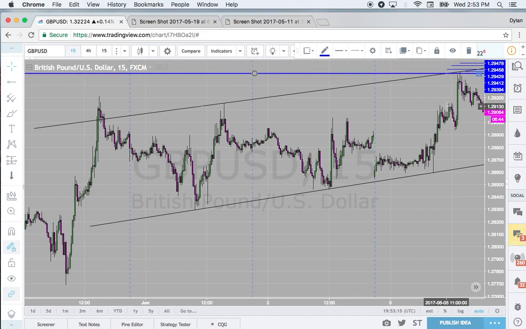Because how many traders do you know that trade breakouts? This would be an obvious breakout of this high, and the retail trader would take that as a buy scenario once upon seeing that candle break out to the high.